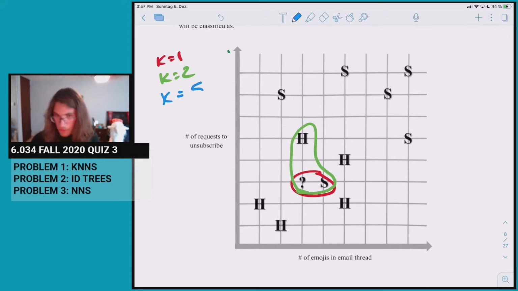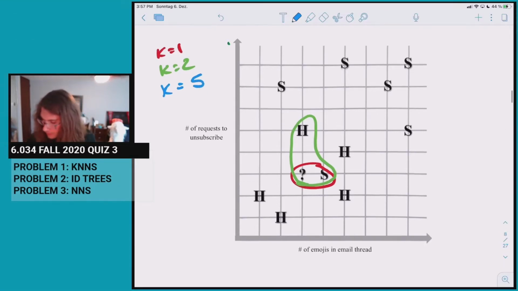K equals 5, then I have to choose. I'm going to highlight individual points. 1, 2, 3, 4, 5. But in reality, these 4 points are equidistant.